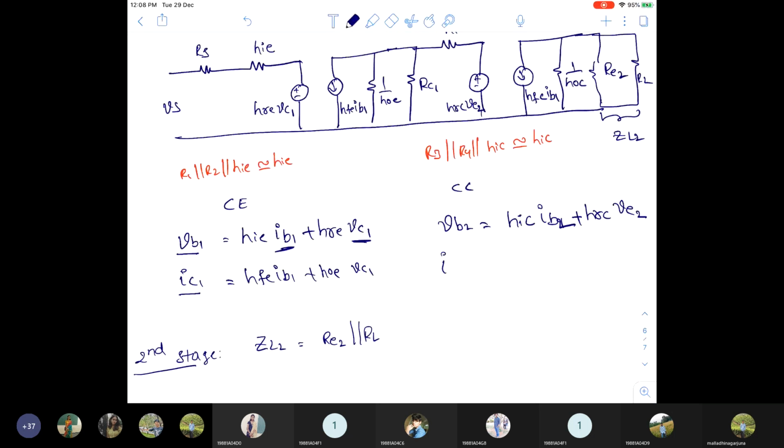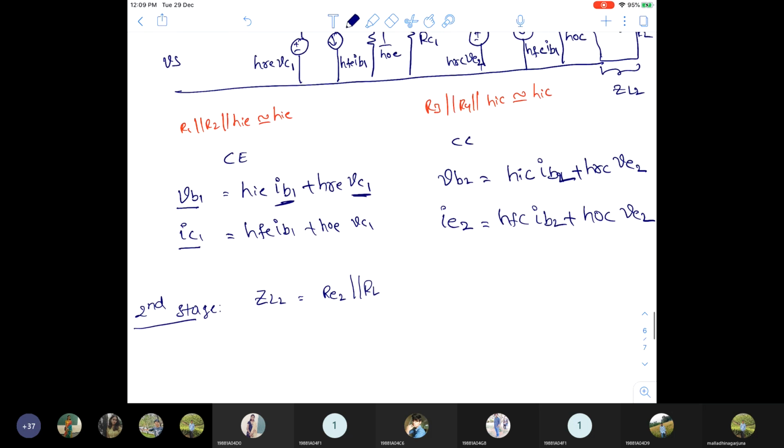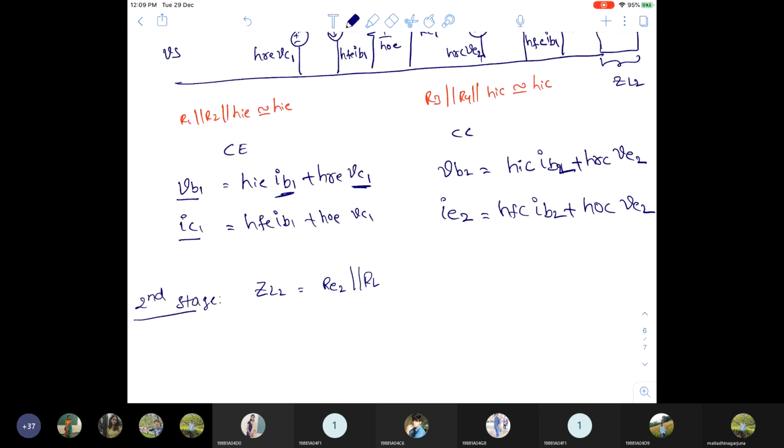And the output current is IE2, equal to HFC IB2 plus HOC VE2. So these are the equations for common emitter and common collector.